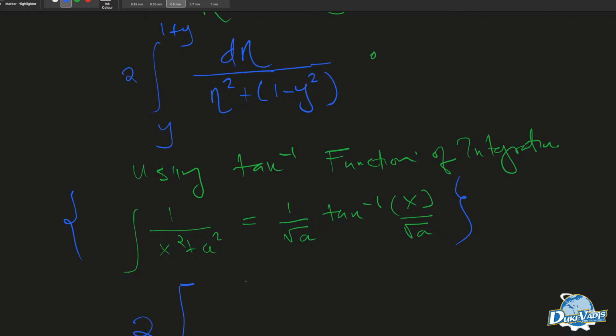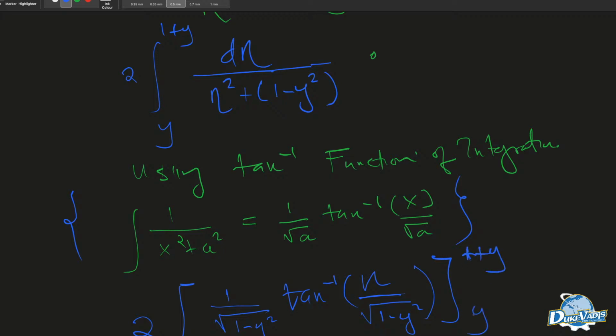So this one will be 1 over square root of 1 minus y squared, with a tan inverse of xi all over square root of 1 minus y squared, with our limits 1 plus y and y.